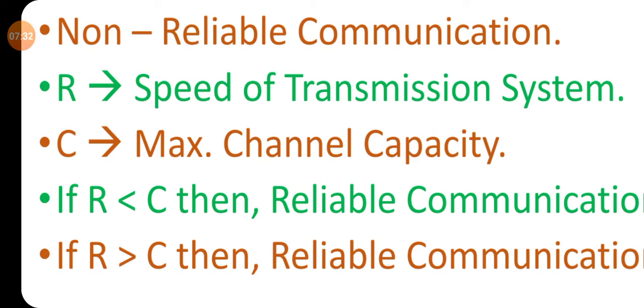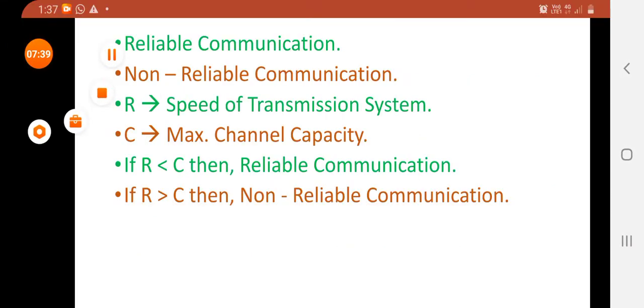If R is greater than C, then it produces non-reliable communication. Why reliable communication here? Speed is less than maximum capacity.